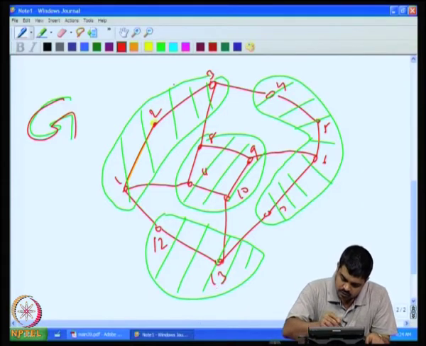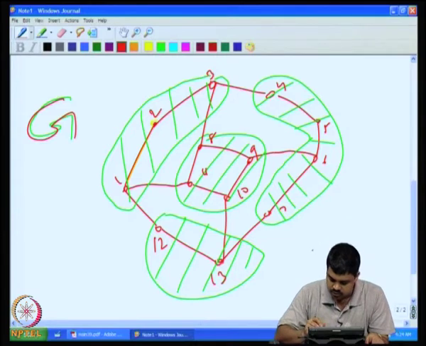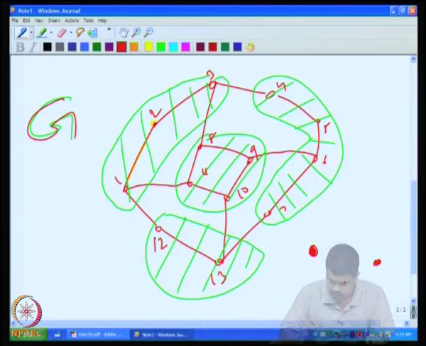Now, corresponding to this, we can mark a graph like this. There are 4 vertices.